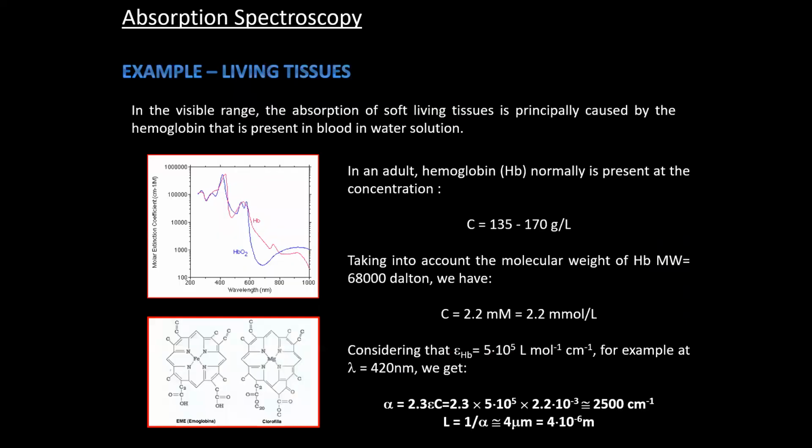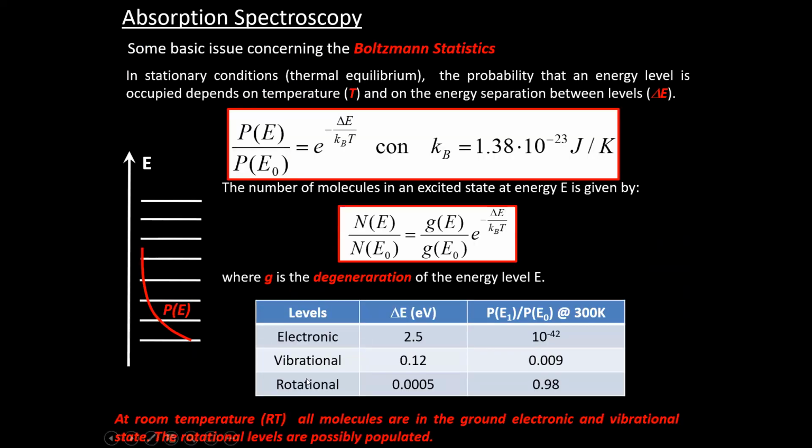The spacing of the vibrational levels is around 0.12 electron volts, so it is more or less 20 times smaller. If you calculate the ratio of the probabilities, this ratio is of the order of 0.01. So it is 1%.